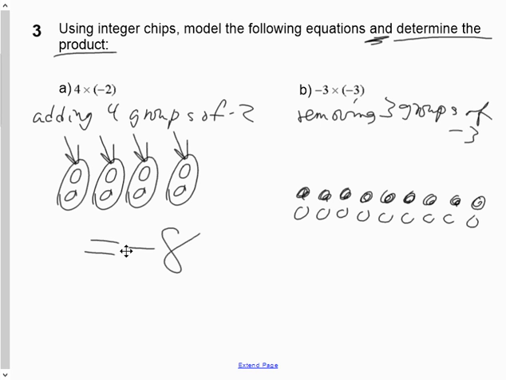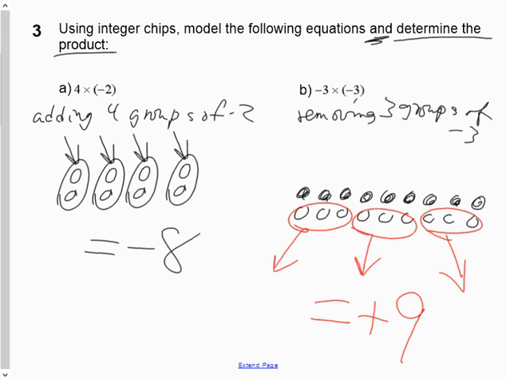So if I remove 1 group of -3, I make this positive by 3. If I remove another group of -3, that makes it +3 more positive. And if I remove 1 more group of -3, by removing those negatives, I have made my number more positive by 9, and the product, therefore, is +9.